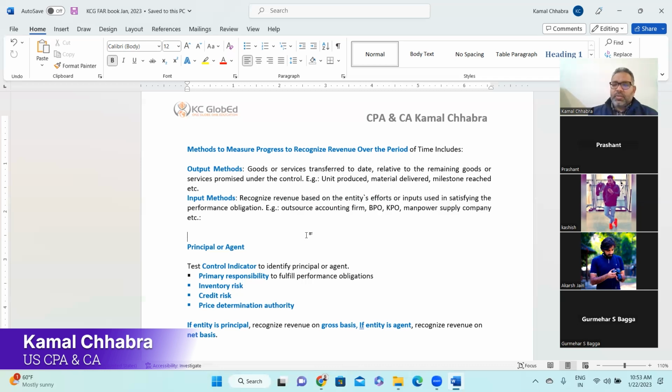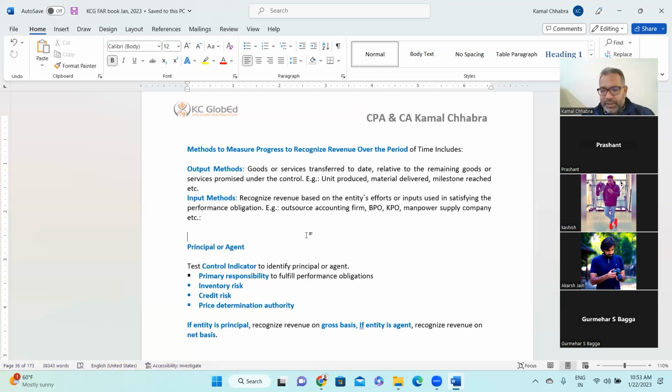For example, let's assume Ayush is a lawyer, right? And Kashish and, let's say, Prashant are running a company and they hired Ayush as a lawyer for a customer litigation. So in that scenario, Ayush says for filing the reply to the customer complaint, I'll charge, let's say, $5,000, and for every hearing which I'll be attending, I'll charge $200 per hearing.